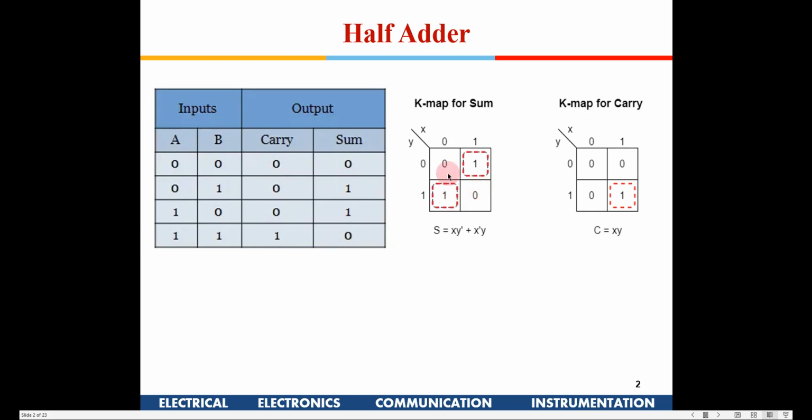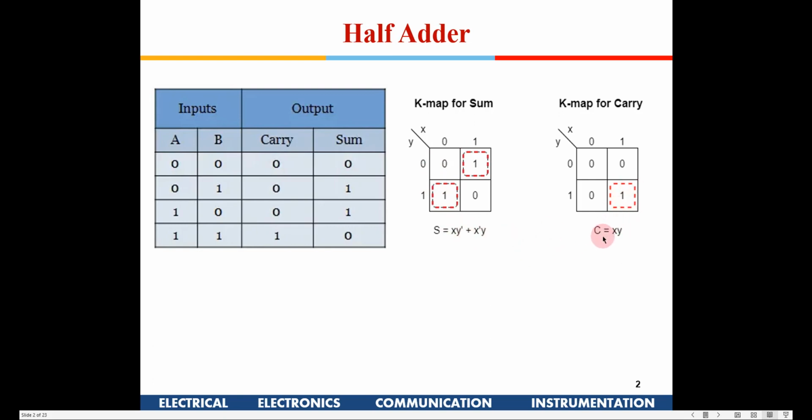If I try to map it into a K map, this is the sum, right? So x y bar, and 1 0 becomes x bar y. Similarly the carry is just x y.